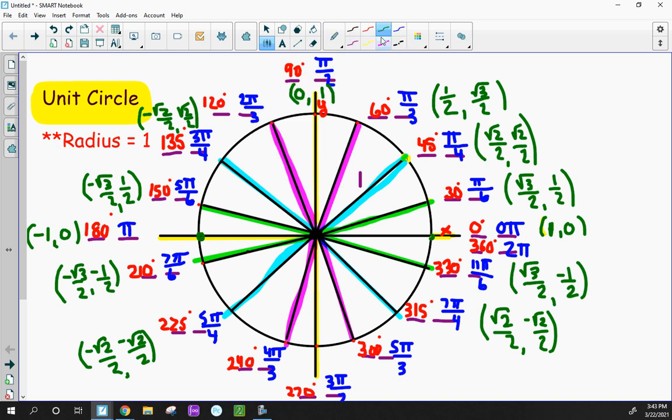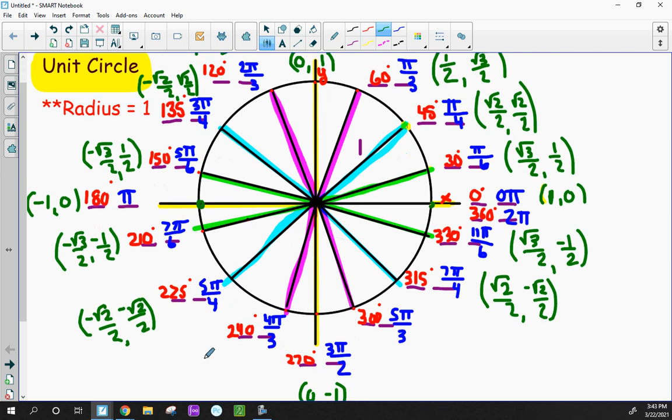I hope that the colors are helping. So if 60 degrees is 1/2, comma, radical 3 over 2, that means over here it's going to be the same exact ordered pair, except we're in the second quadrant, so the x is negative, y is positive. Okay, let's go down here to 240.